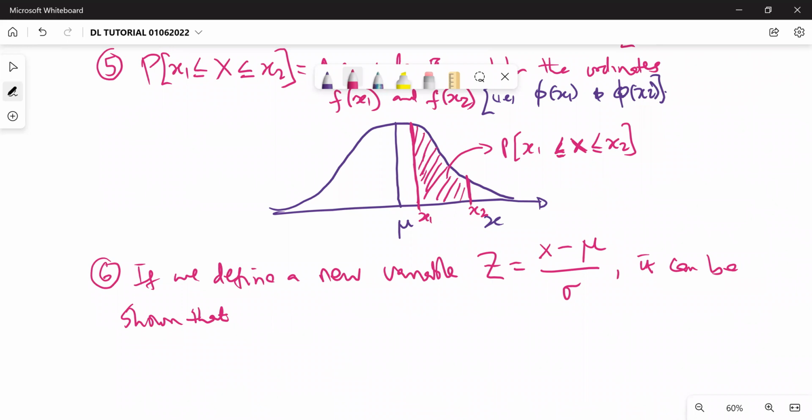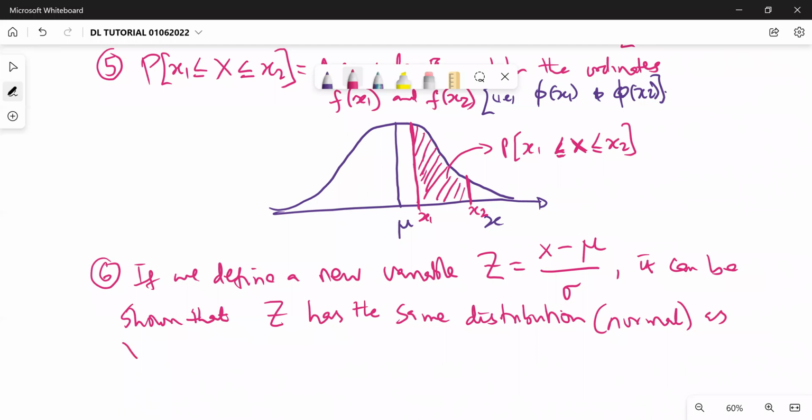Z has the same distribution, and we're talking about the normal distribution. So Z has the same distribution, that is the normal distribution, as X for every pair of parameters mu and sigma.